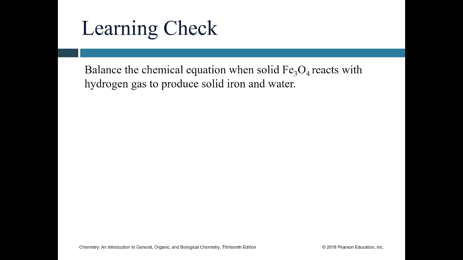All right, so let's balance the chemical equation when solid Fe3O4 reacts with hydrogen gas to produce solid iron and water. So we're going to be making solid iron and water by reacting with the hydrogen gas. Let's put this together. What's your reactant side going to look like? So what does this say?